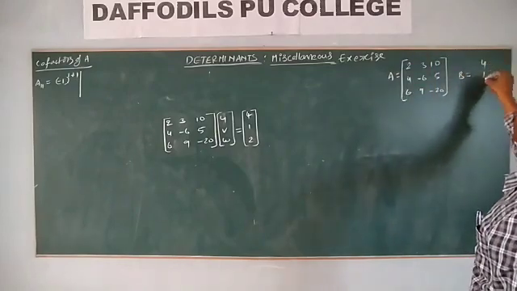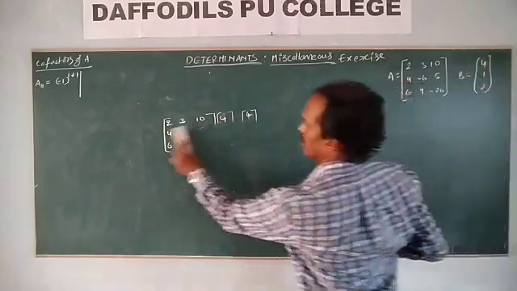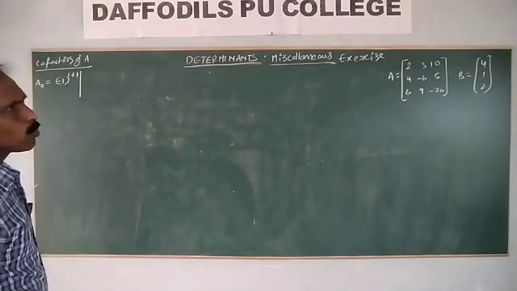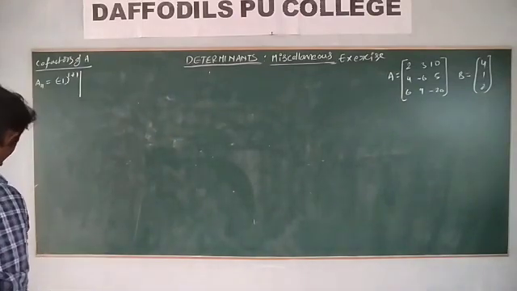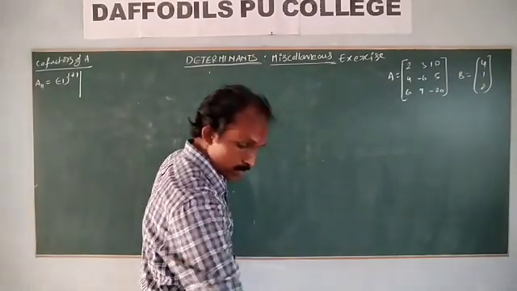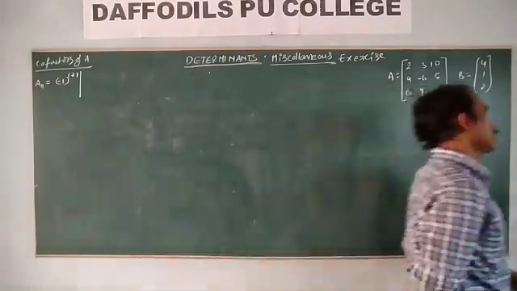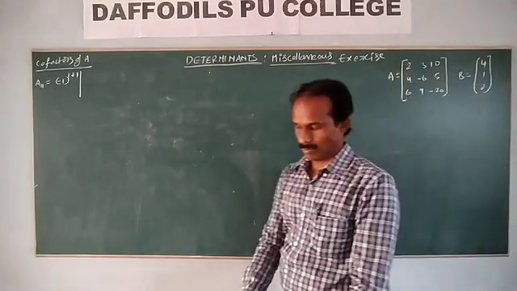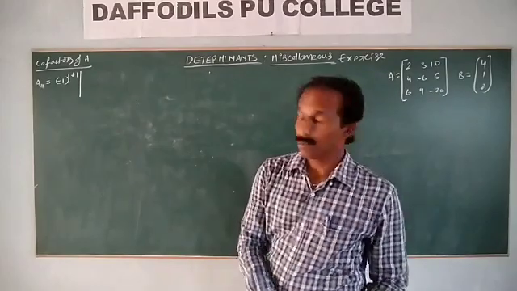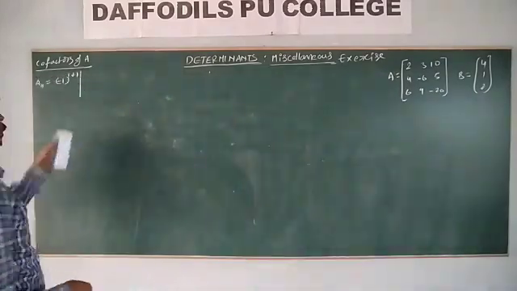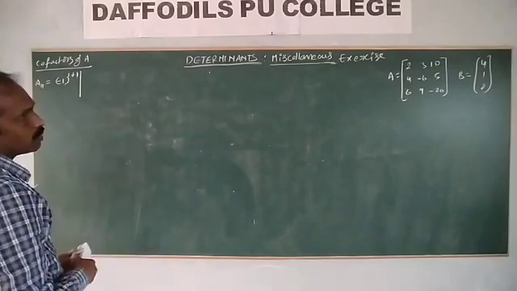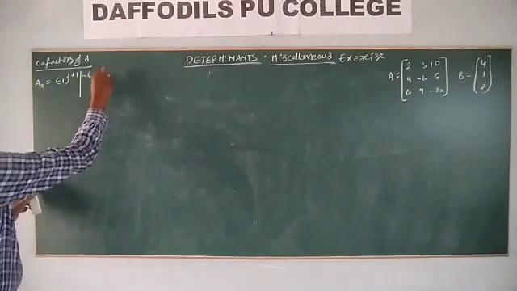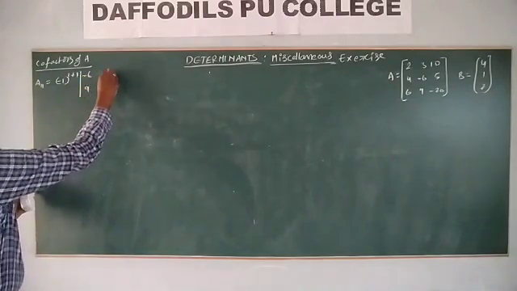Cofactors: A11 is minus 1 to the power of 1 plus 1 times the minor of that one, deleting the first row and first column: -6, 5, 9, -20.